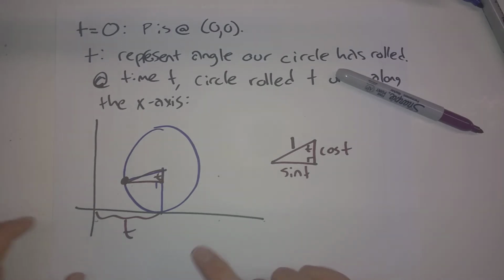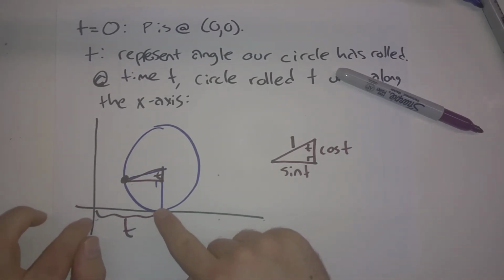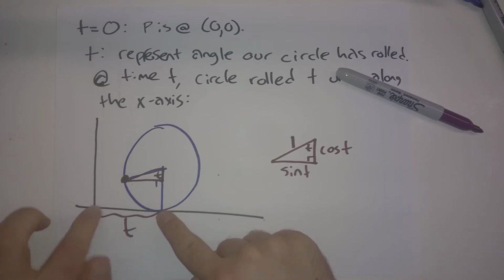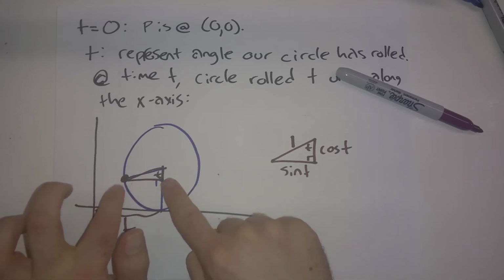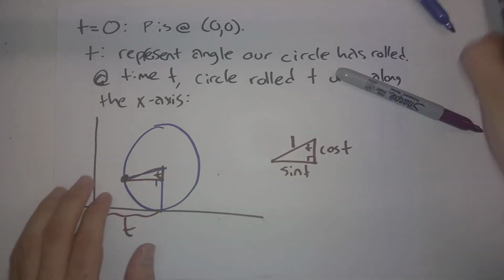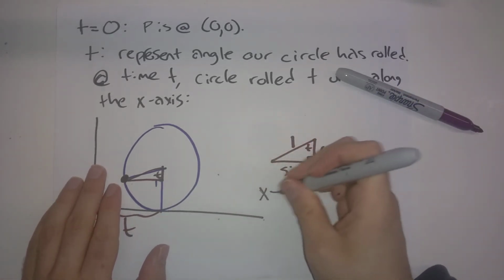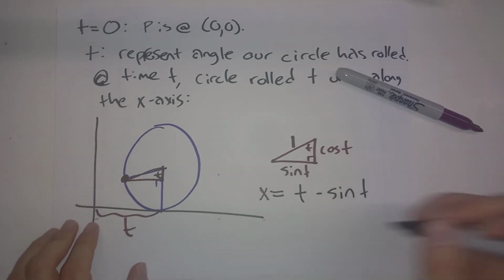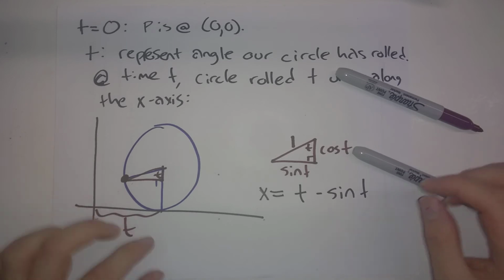Okay, so take a look at what's going on in the picture. What's our x value? If this whole thing is t, and this distance is sine of t, that indicates x is t minus sine of t. And what's our y value?